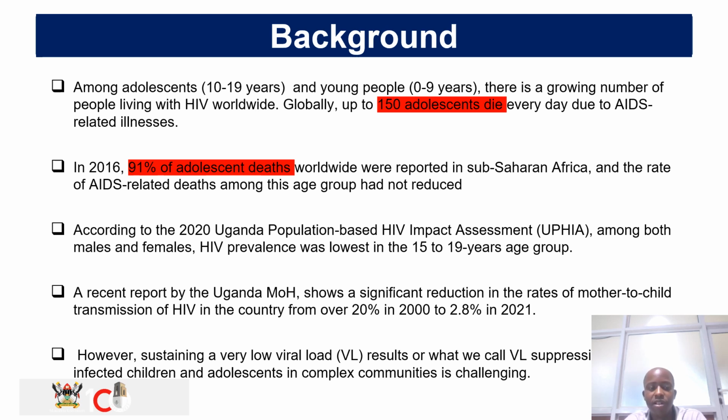That is a great achievement. However, sustaining a very low viral load result requires close attention and tracking of various treatment processes that are given to these clients, and becomes complex for low resource settings or communities in Uganda today.